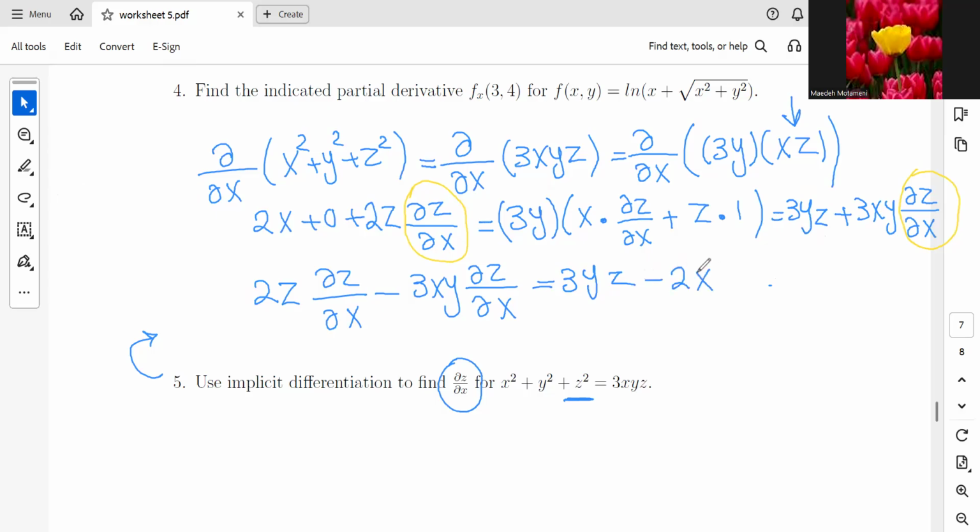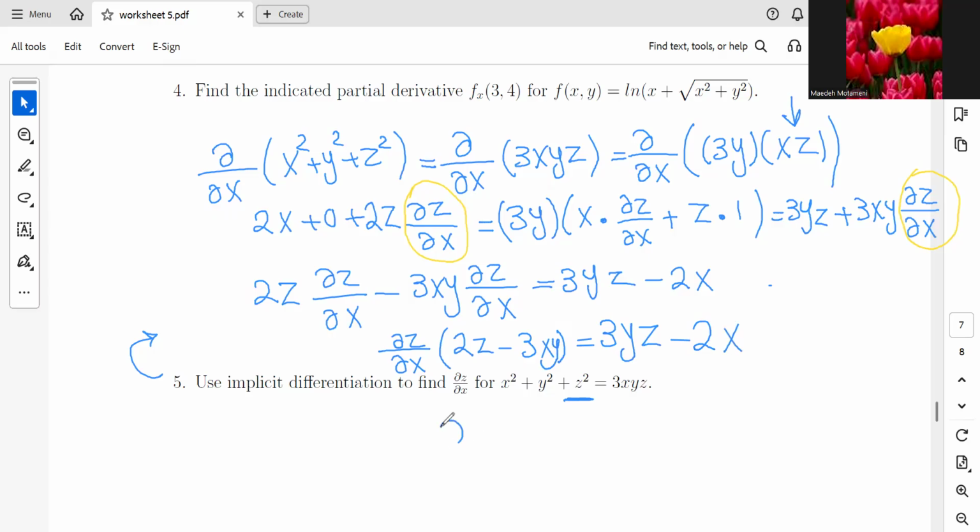Minus 2x. And from this, we can factor out whatever we're going to find, which is derivative of z with respect to x. We're left with 2z minus 3xy equals 3yz minus 2x.